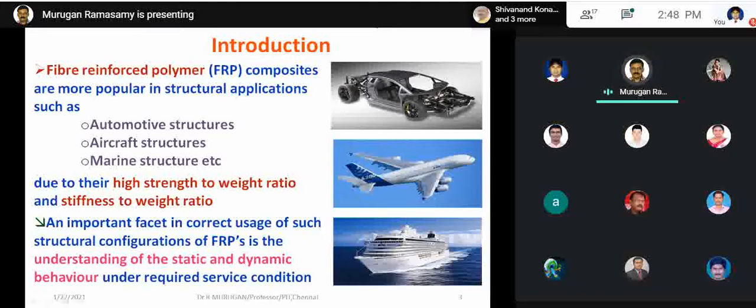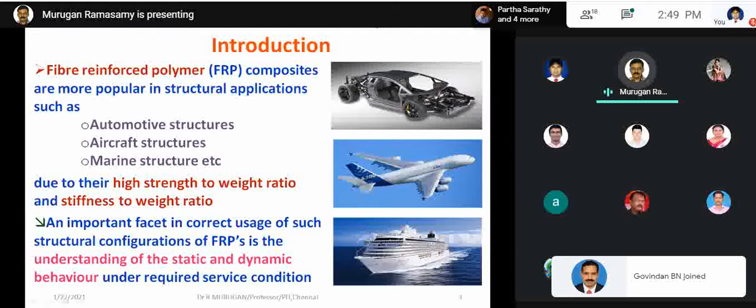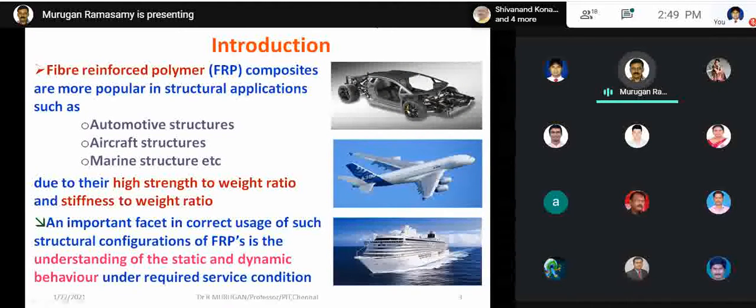That is why one is called the matrix, and the other is called the reinforcement. Depending upon the matrix, we have the classification as metal matrix composite, polymer matrix composite, and ceramic matrix composite. This particular case study is regarding the polymer matrix composite. The same idea can be utilized for any type of composite. We are just applying the idea, right? A non-destructive testing method for polymer composite material.